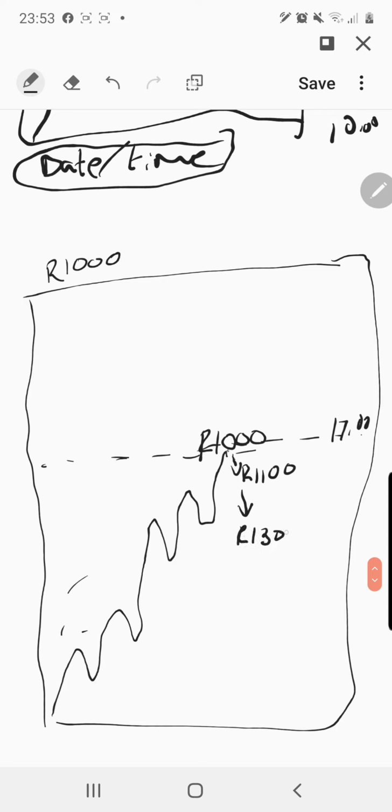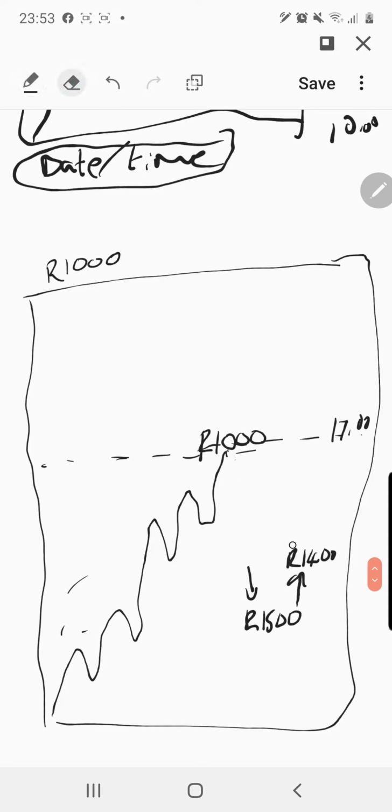The more it goes in your direction, the more money you make. Let's say 1,300. The more it goes in your direction, the more money you make. Meaning if you're on 1,500 and then it moves against your direction, the money you had decreases. Can you see that? So meaning if I started with 1,000 rand and then I said, you know what, price is supposed to come here.